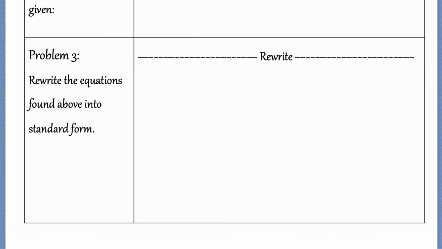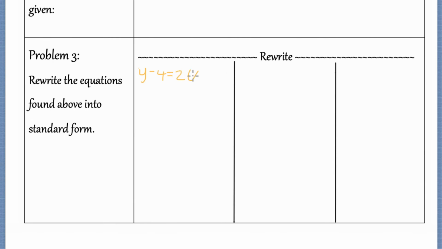So problem number 3 tells us to rewrite the equations found above into standard form. So the first equation that we had found from up there was y minus 4 is equal to 2 times x minus 3.